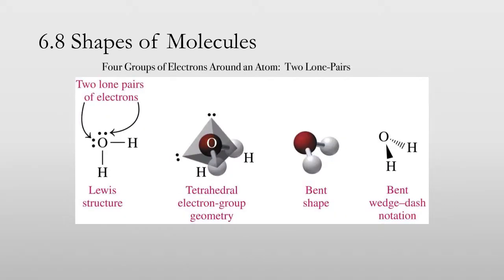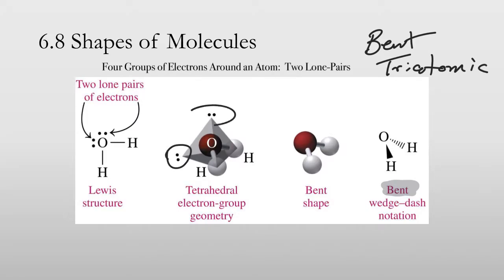If there are 4 groups of electrons around an atom and there are 2 lone pairs, we get what we call a bent triatomic again. Water is a good example of this. The oxygen has 2 lone pairs on it. If we look here, we have a 90-degree angle.